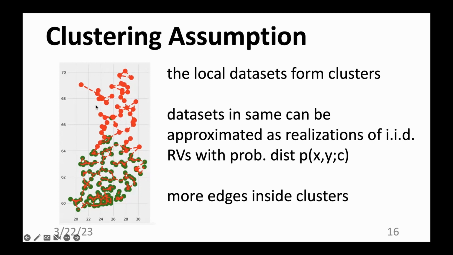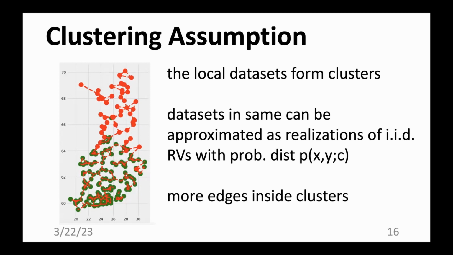So this IID assumption does not hold globally for all local data sets, but only for subsets or clusters of data sets. Within this subset, for example, these red nodes, we can think of the local data sets as following an IID assumption. Those in the green nodes also follow an IID assumption, but with a different distribution compared to the data sets in the red nodes.